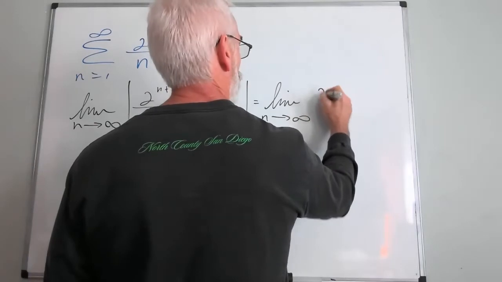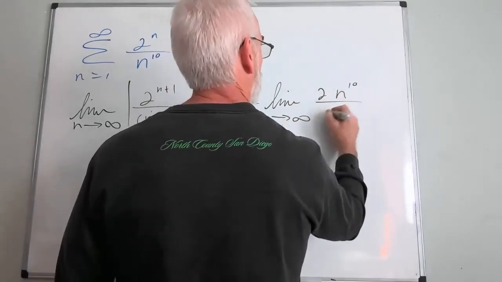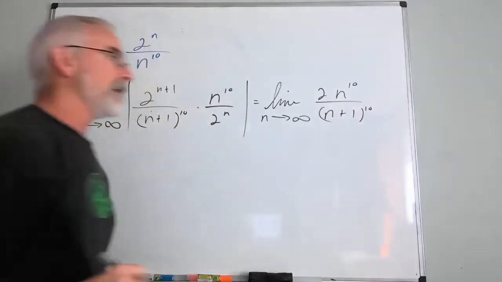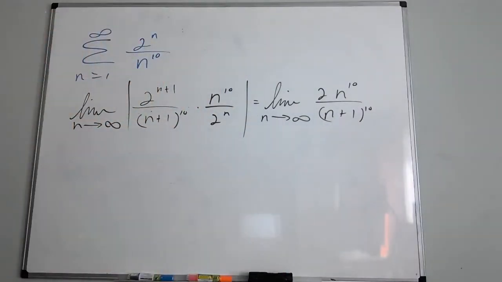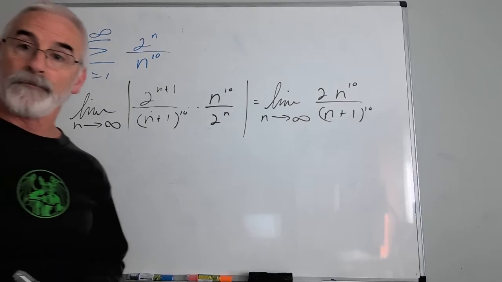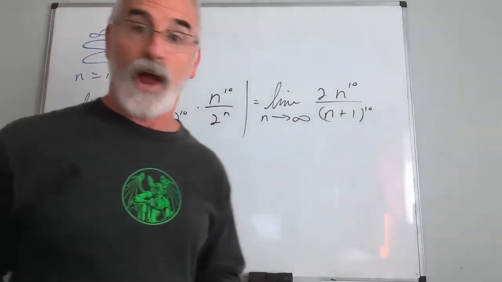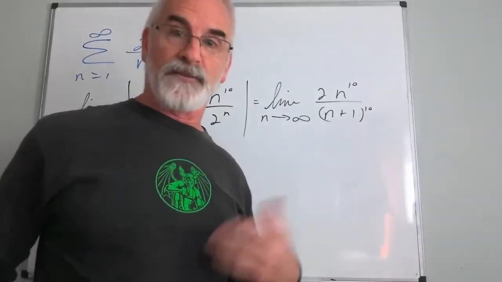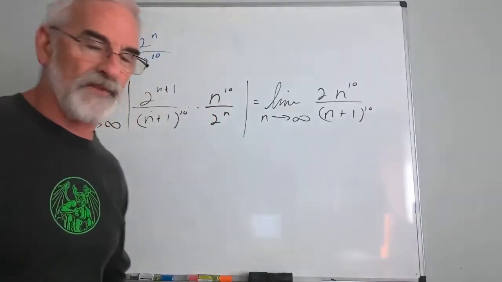I'll have a 2 n to the 10th, and on the bottom I'll have an n plus 1 to the 10th. Now look at that for a moment. Both numerator and denominator are 10th degree. They are both the same degree. So I can simply look at the lead coefficients. Yes, you can use L'Hopital's rule, but you have to use it 10 times. So I'm going to stay away from that.